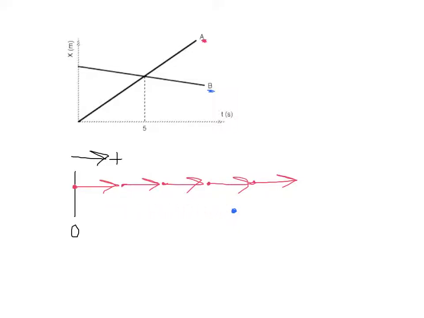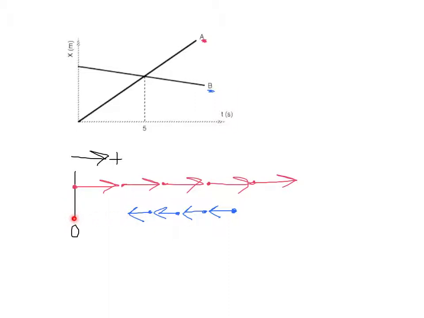Now, the question is, how do the length of the arrows of B here compare to the length of arrows of A here? Hopefully you drew them smaller because B is not traveling nearly as quick as A is. So those arrows should be smaller and traveling in the opposite direction. Now here's the question. Should I keep drawing these arrows all the way over until it gets to the zero again? Well, I don't know.